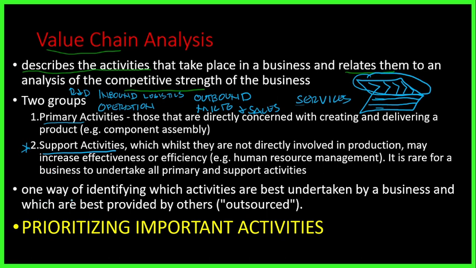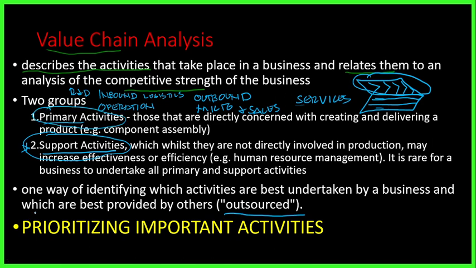One way of identifying which activities are best undertaken by a business and which are best outsourced to others is value chain analysis. Ano yung i-outsource mo? Siyempre, yung mga support activities. HR, accounting, so yung mga ganun. What is best undertaken by the business? The primary activities, those that are value adding.